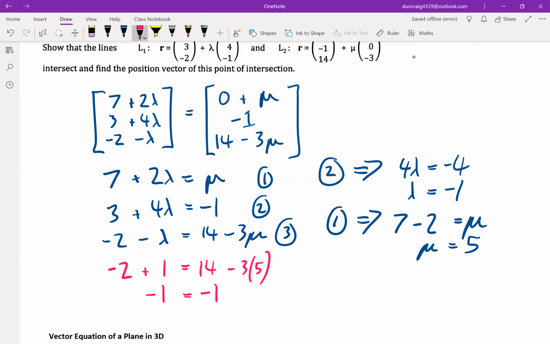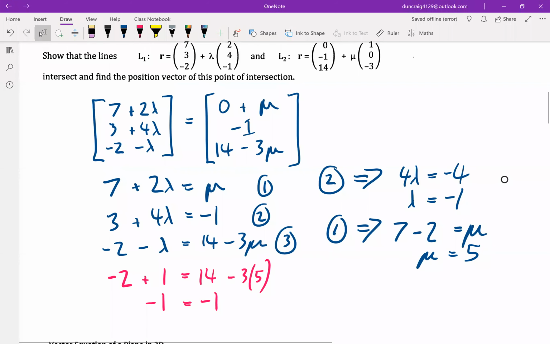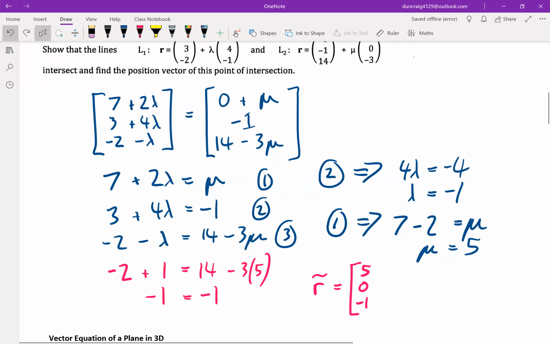So I might just focus on the second one here. If I put in mu equal to 5, r is going to equal 5 lots of 1 is 5, 5 lots of 0 is 0, and 5 lots of -3 is -15.